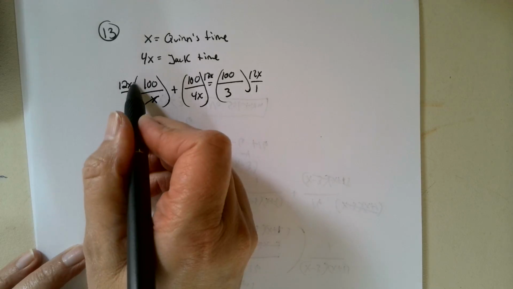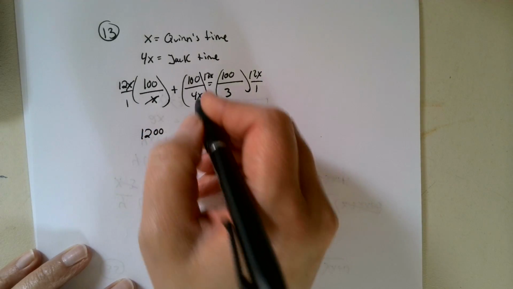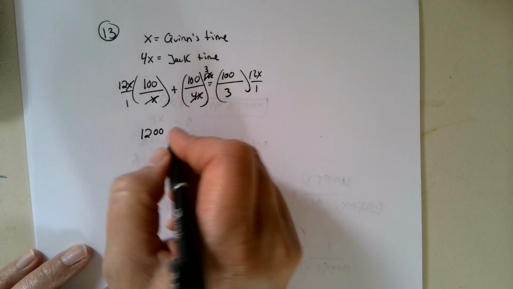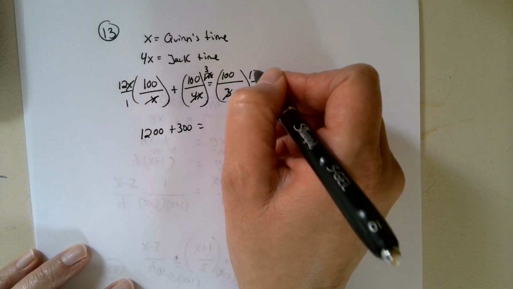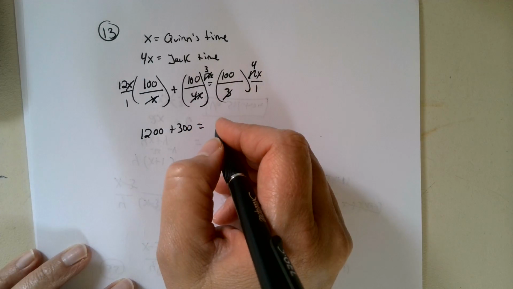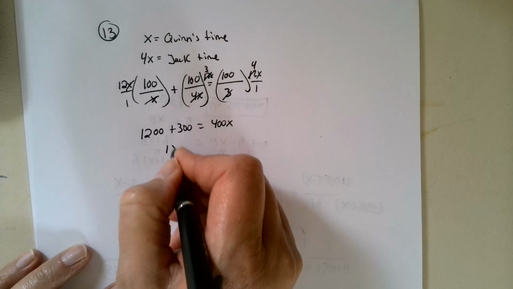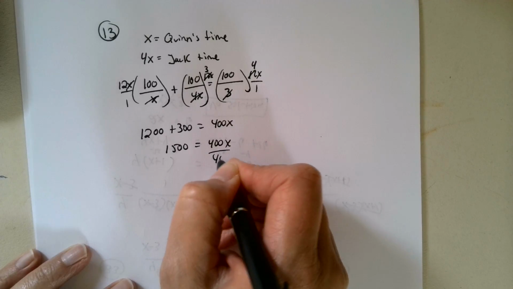So I'm going to multiply each piece of the fraction by 12x. So here the x's cancel out, and I have 1200. Here 4 goes into 12 3 times, and the x's cancel out, and so we're left with 300. And here 3 goes into 12 4 times, and 100 times 4x is 400x. So I have 1500 divided by 400.